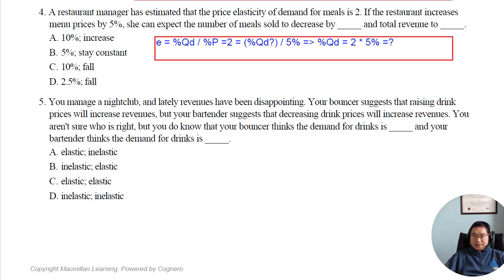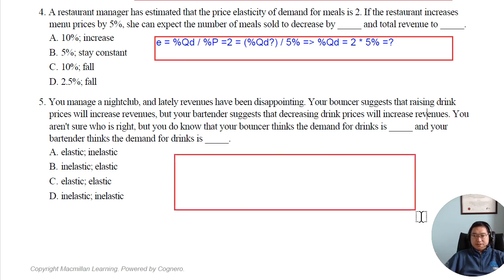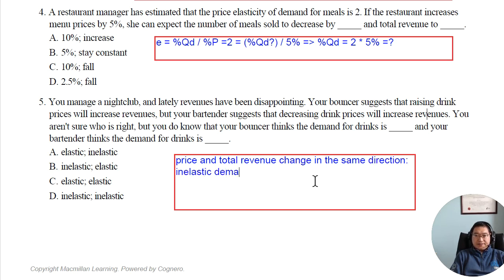And we know that situation means the demand should be elastic. So basically, we should write something down. After you learned this, you should note: price and total revenue changing in the same direction means inelastic demand.